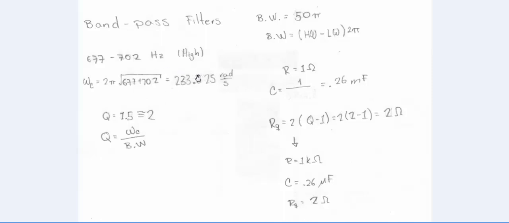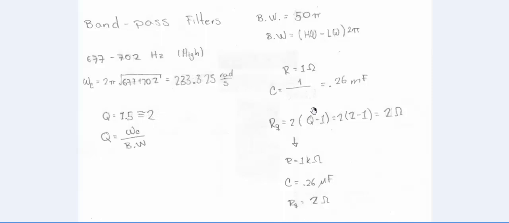So we have this is our cutoff frequency, and we also have the quality factor of our filter, that it's Q. We have a formula that is WC over the bandwidth. We substitute and we get that it's 1.5, so we can say that it's around 2. We approximate it to 2.